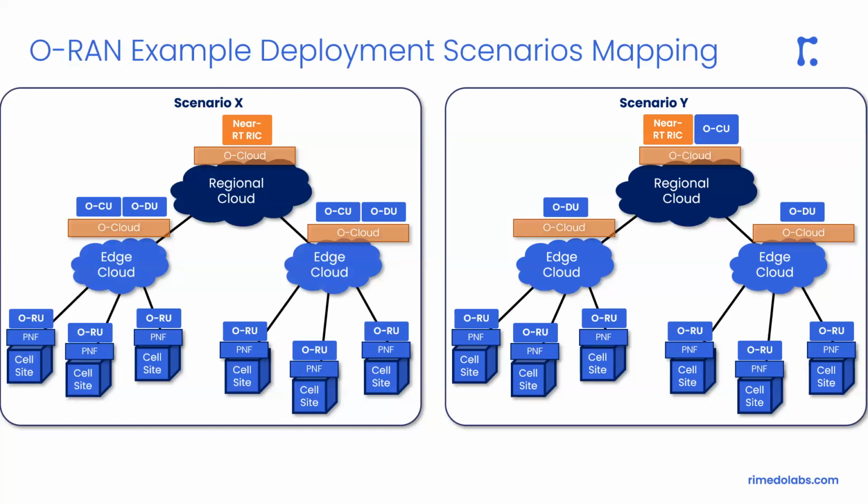And also, because of having them on OCloud, because of having a virtual deployment scenario, we could also change that location depending on, let's say, traffic. So if there is a huge traffic, then we could distribute them.